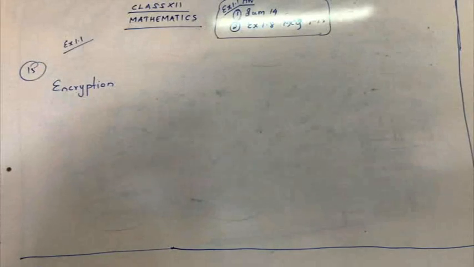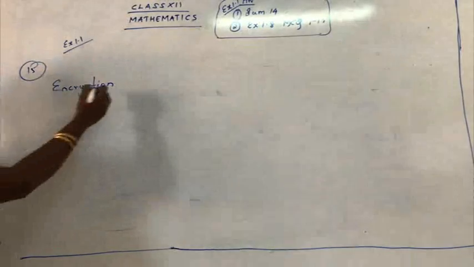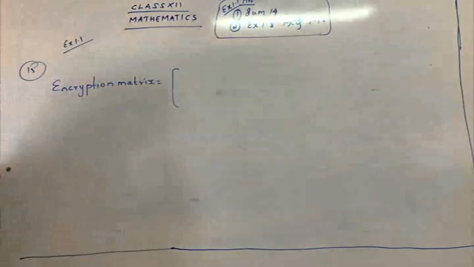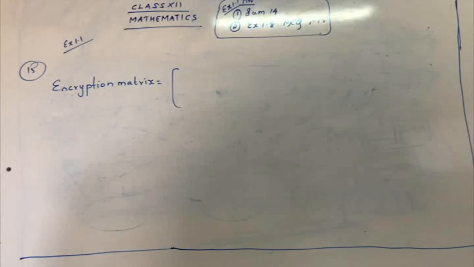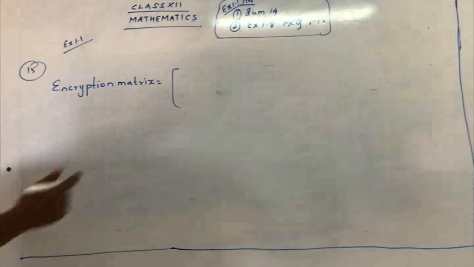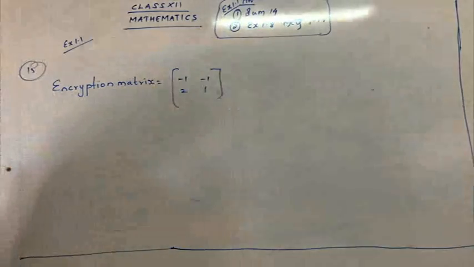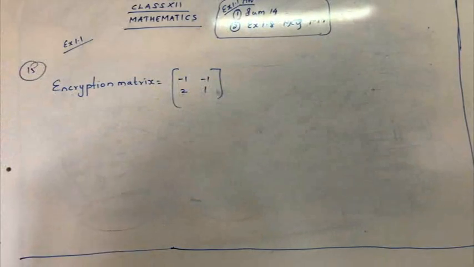Encryption matrix is equal to -1, 2, 1. Okay. Now go for the next line. See, they have given you the decryption matrix as its inverse.